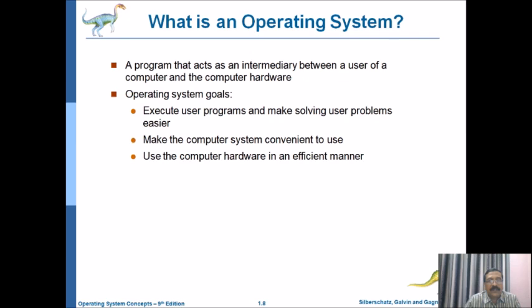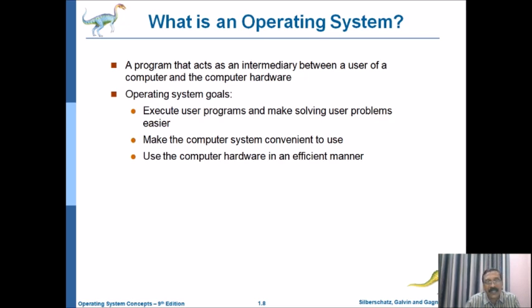And let us see operating system goals. The goals of operating system are to execute user programs and make solving user problems easier. So it will make user problem solving easier.